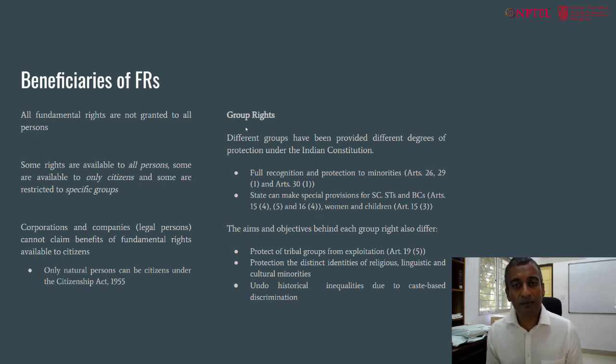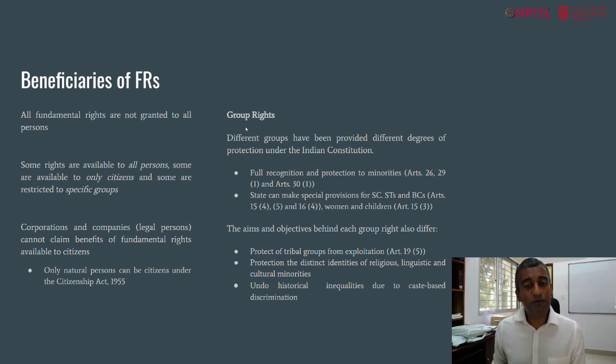The aims and objectives for protecting every single group are very different. The protection of religious minorities occurs against the background of the adoption of a secular state, a point of distinction between India and Pakistan at the time of partition, but also a point of distinction between a secular and a theocratic state more generally. At a later point, the protection of religious, linguistic and cultural minorities was seen as essential constitutional protection, not only for religious groups, but also for minority language groups in order to protect their cultural vitality.